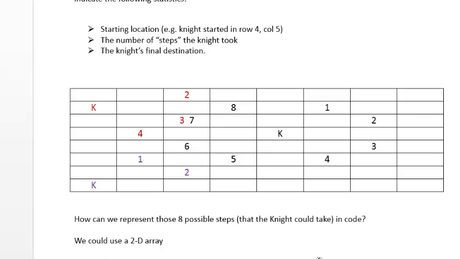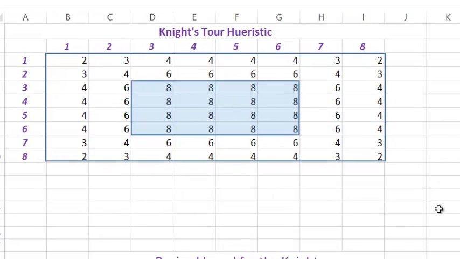First, let's investigate all of the different steps on the board. Here is my spreadsheet for the knight's moves on the board. What I've done is to investigate each square of the board and determine how many possible steps he has from each square. I'm calling this my Knight's Tour heuristic because it helps inform us regarding his ability to take a step from these locations in the board.